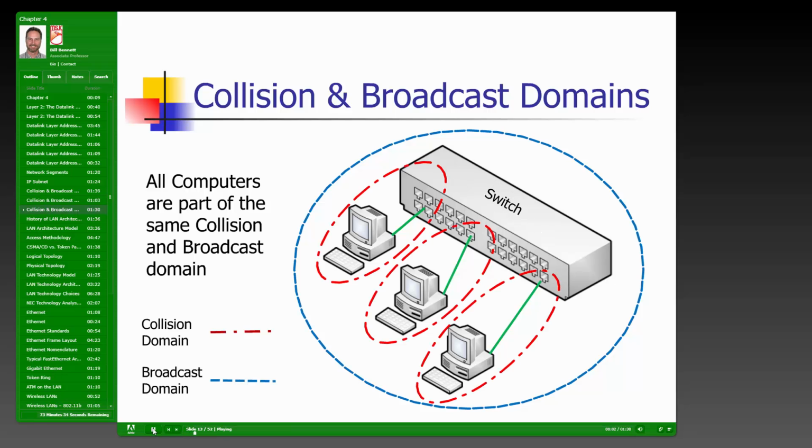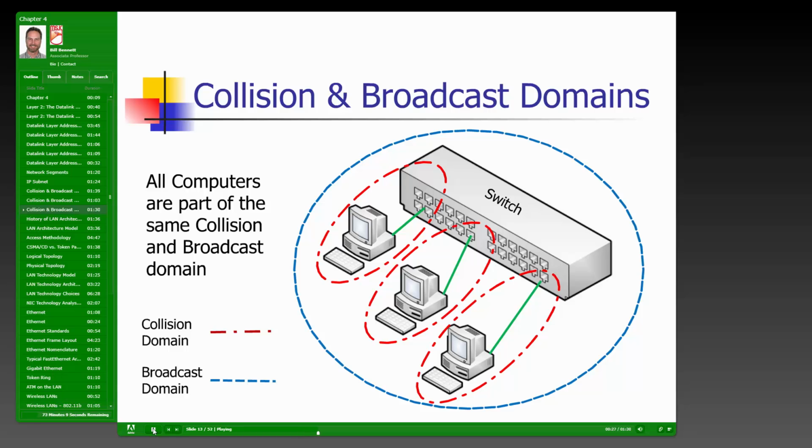Now in this slide, we've changed things up a little bit. Instead of using a hub which repeats the signal out of all the ports, we're using a device called a switch. And a switch is actually more intelligent than a hub. A hub operates at the physical layer. In other words, it just simply forwards electricity. A switch can actually read the data link layer addressing information.